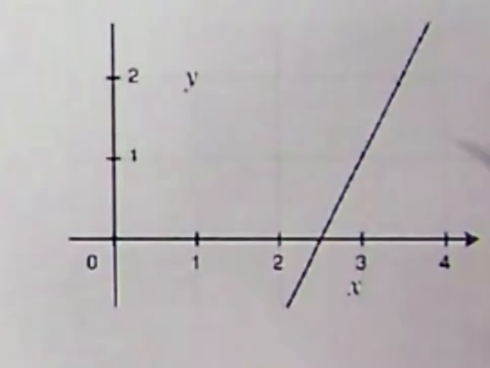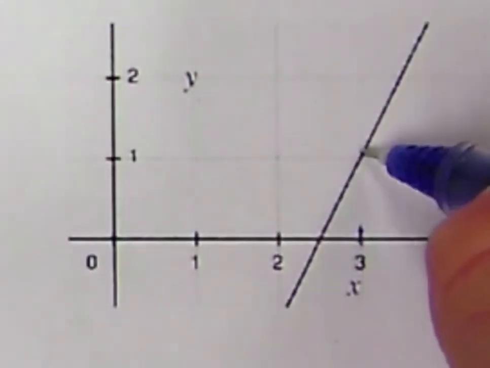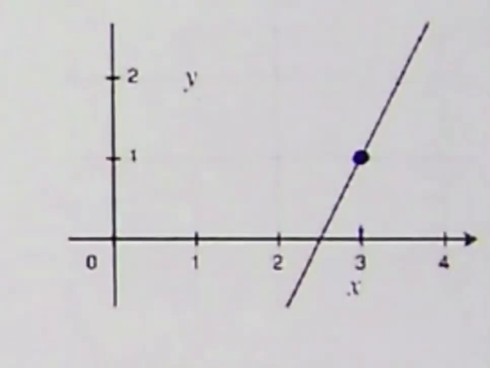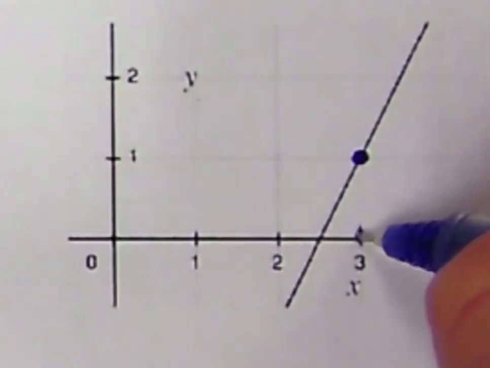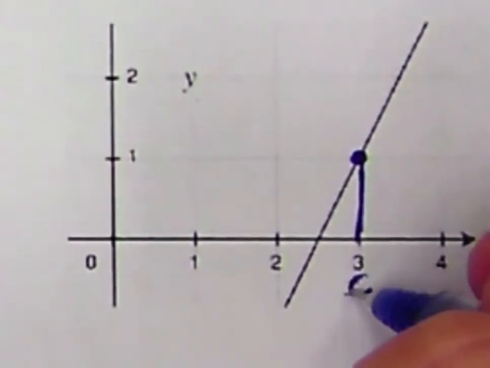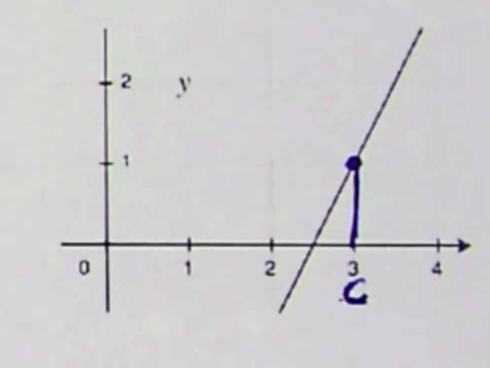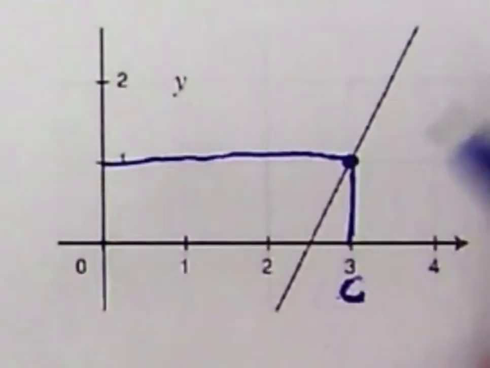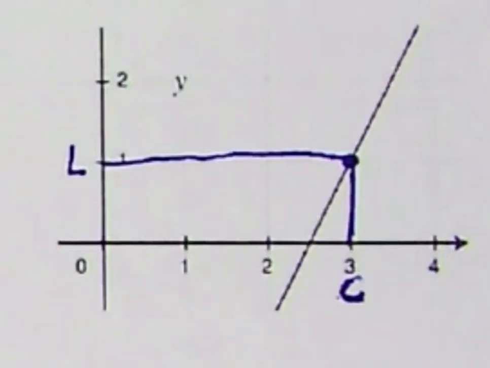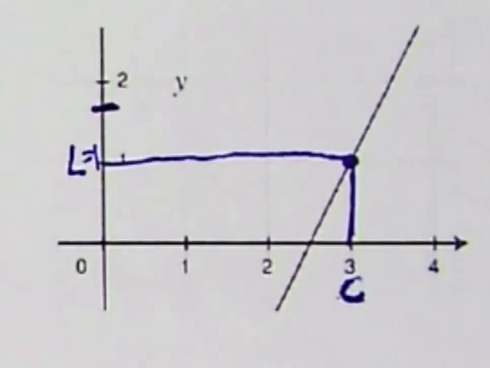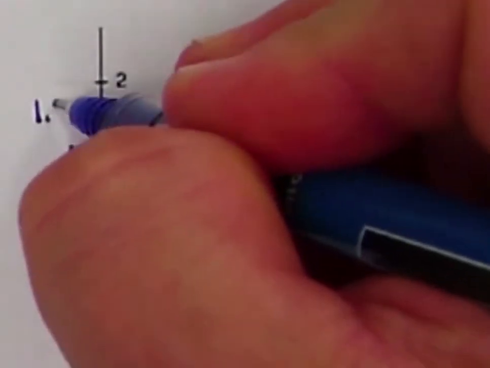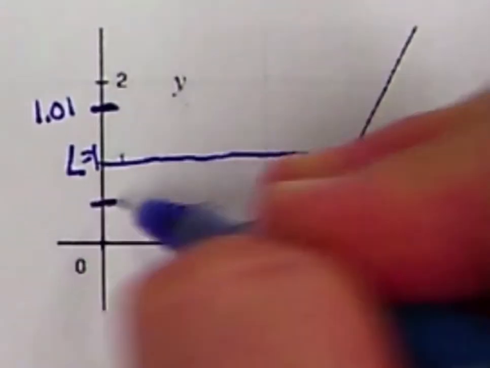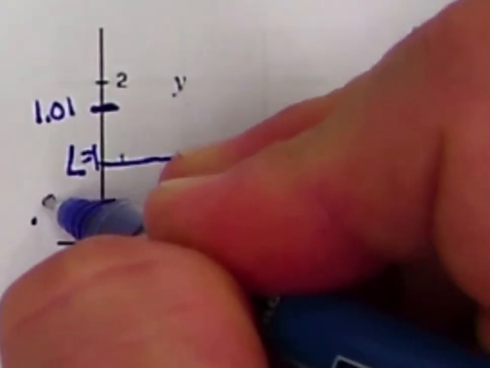So graphically, let's see what we're trying to do here. So we're looking for our limit at x equals 3. So that's our c value. And it's saying the limit is 1. And we're going to prove that, pardon my stretching of the range here, but we're going to put our L plus epsilon right here, which would be 1.01, and our L minus epsilon here, which is 0.99.